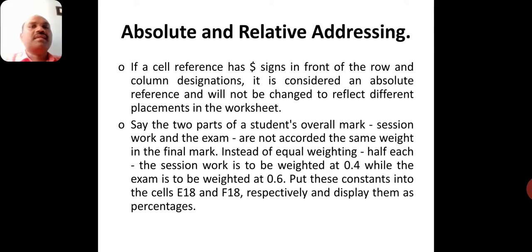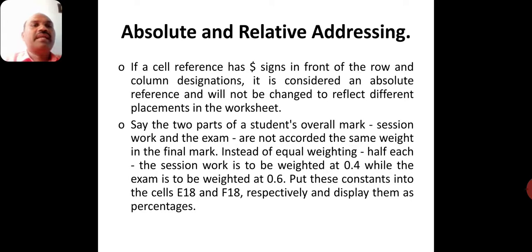Absolute and relative addressing. If a cell reference has dollar signs in front of the row and column designations, it is considered an absolute reference and will not be changed to reflect different placements in the worksheet. Say the two parts of students' overall mark, session work and exam, are not accorded the same weight in the final mark.